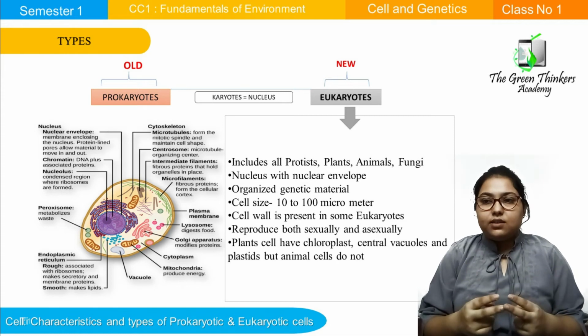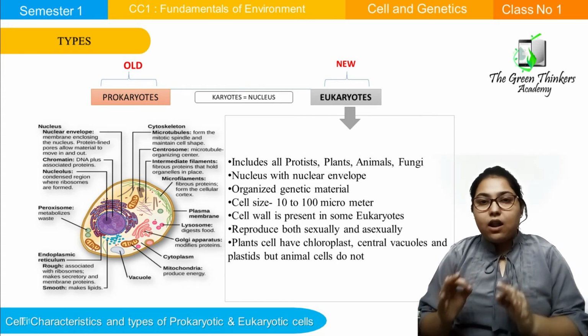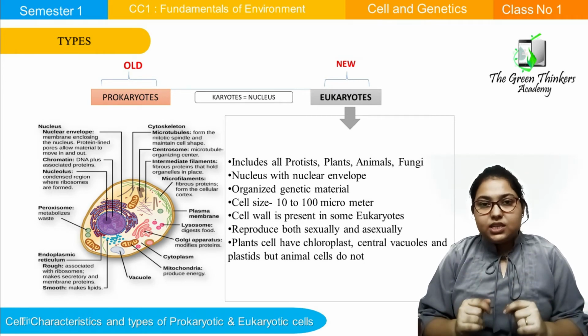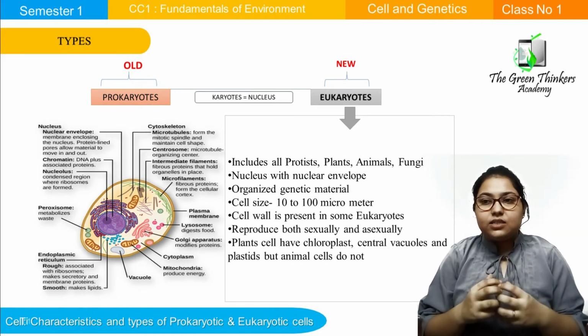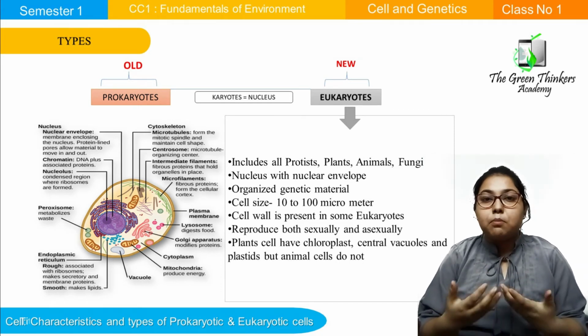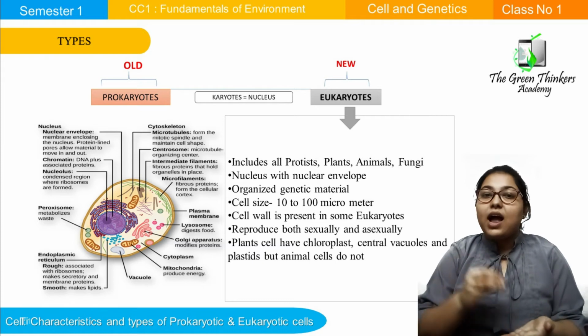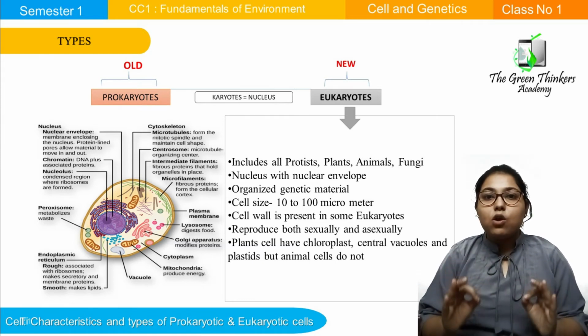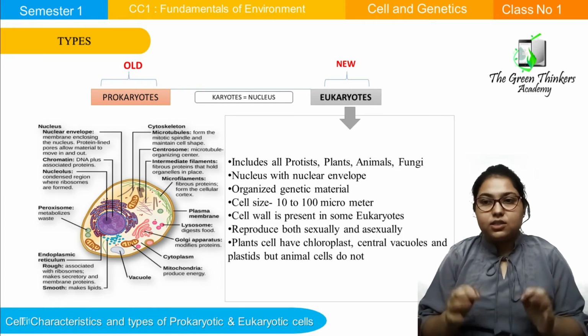Next is the chromatin. The DNA along with the associated proteins together is called the chromatin. Third is the nucleolus. It is the condensed region where the ribosomes are formed. It is the birthplace of the ribosomes, and the ribosomes are the factory of protein synthesis.